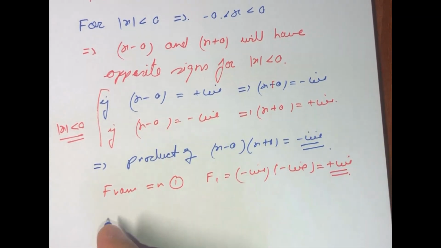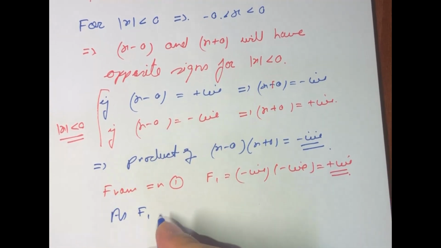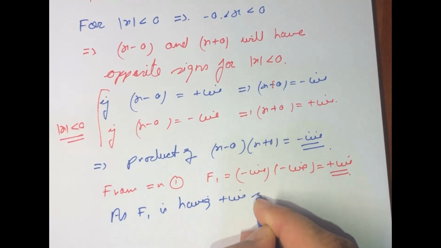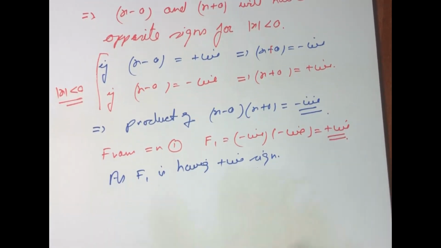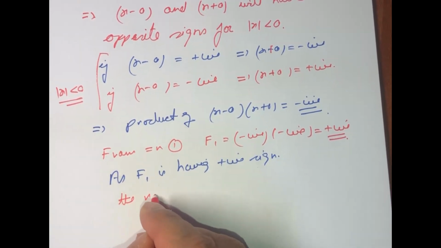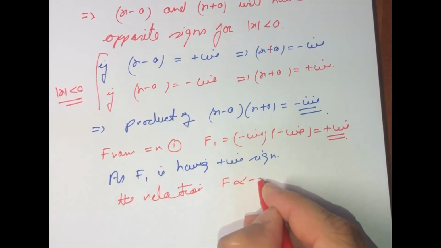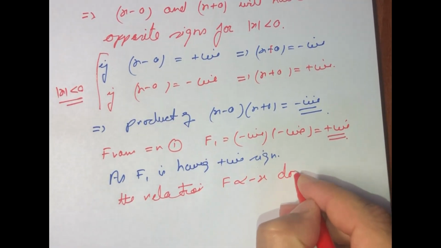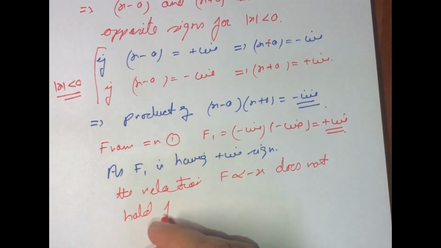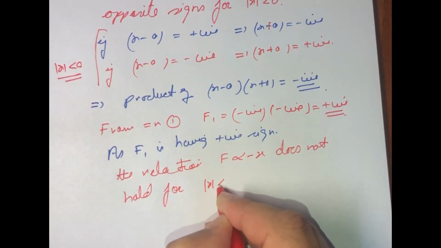this relationship, as F1 is having a positive sign, the relationship F is directly proportional to minus of x does not hold for modulus of x less than or equal to a.